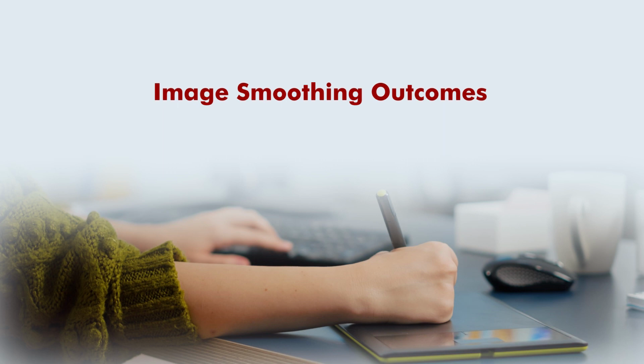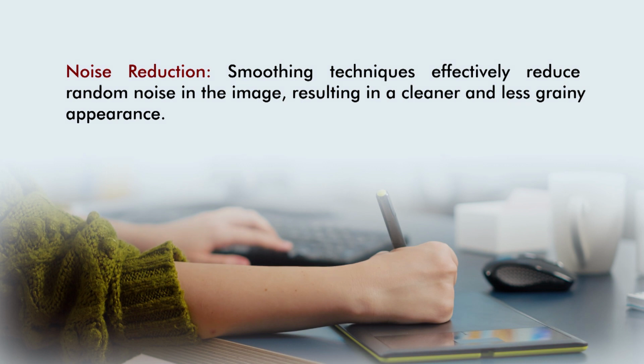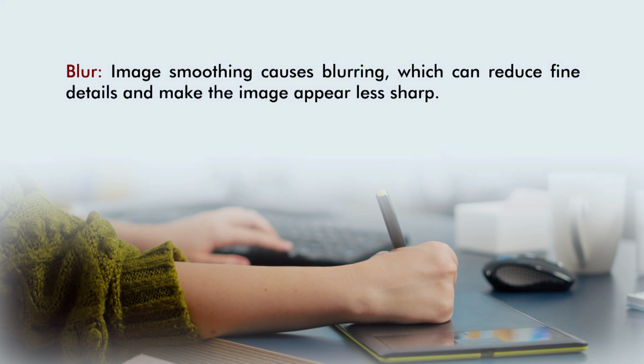First is image smoothing outcomes, which are also very important for image quality enhancement. First is noise reduction: smoothing techniques effectively reduce random noise in the image, resulting in a cleaner and less grainy appearance. Second one is blur. Image smoothing causes blurring, which can reduce fine details and make the image appear less sharp.